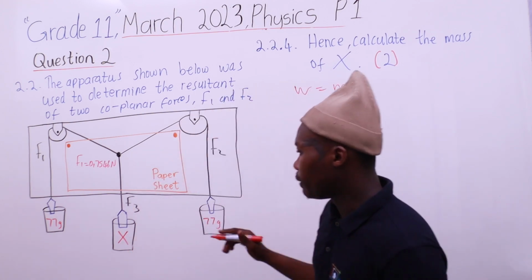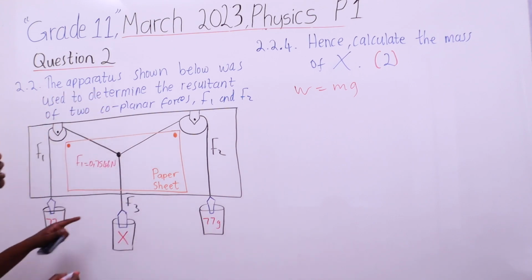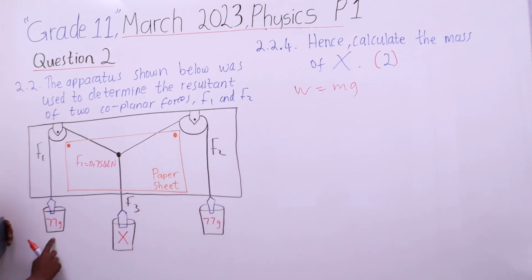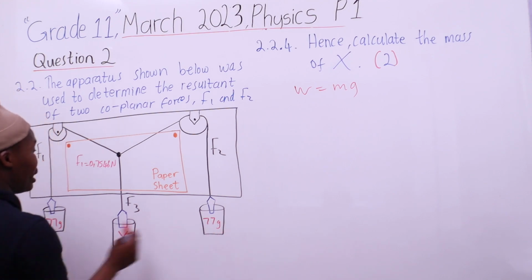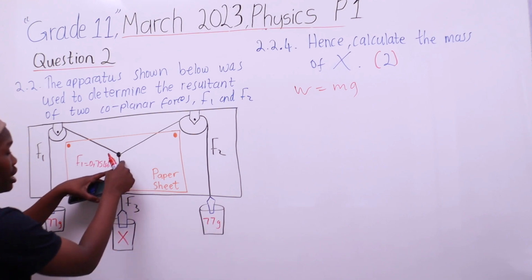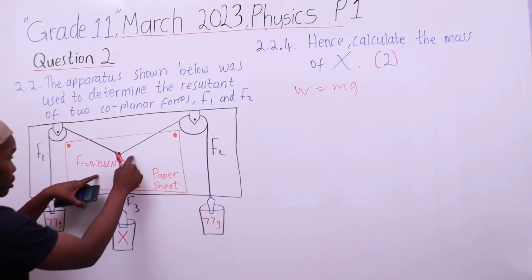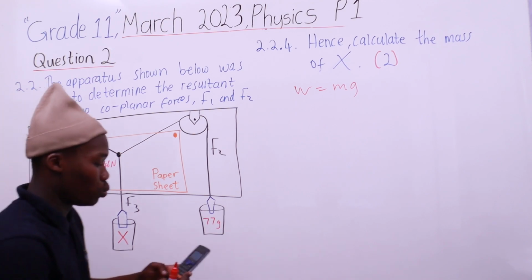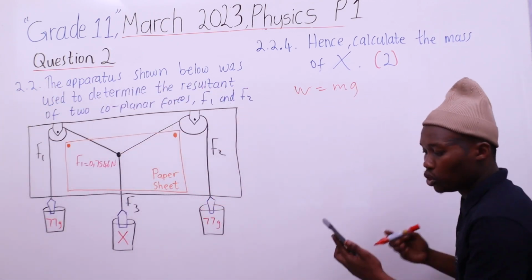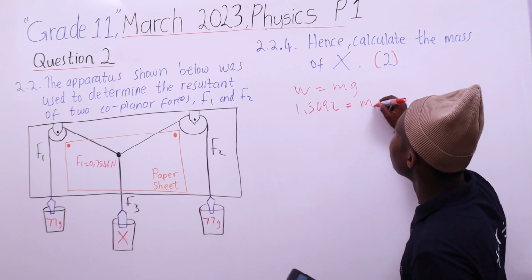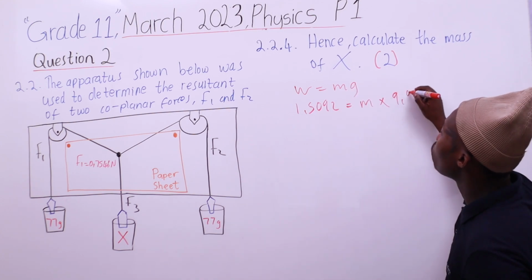But look at these forces, as they are facing downwards, the three of them are balanced by the weights. These two balance that one, these two balance that one. So if we say 0.7546 times 2 we get F3, which is 1.5092, which will be equal to mass multiplied by g, 9.8.